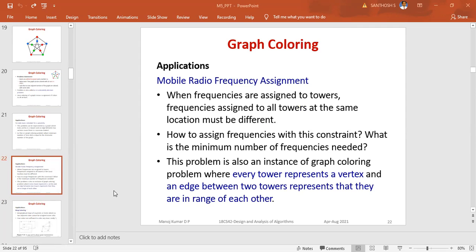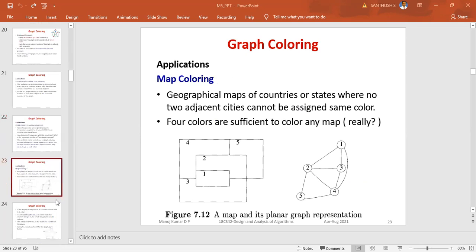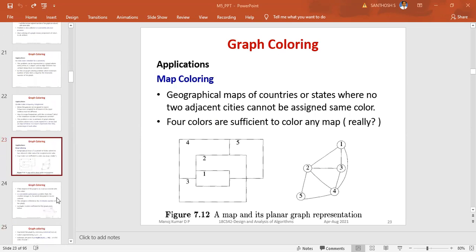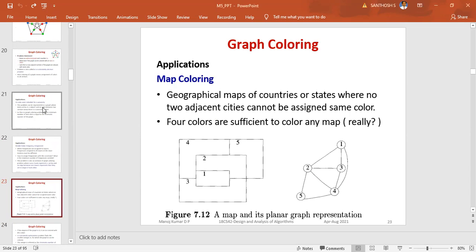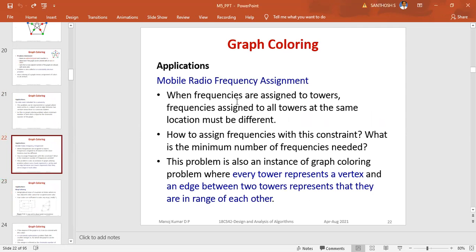So come to the applications. The first application we have seen is mobile radio frequency assignment, where frequencies are assigned to towers.